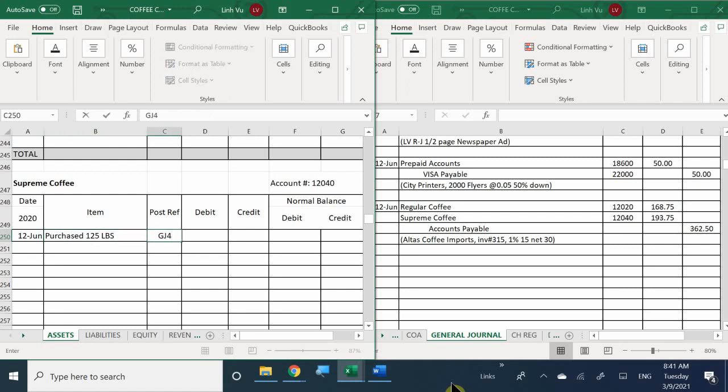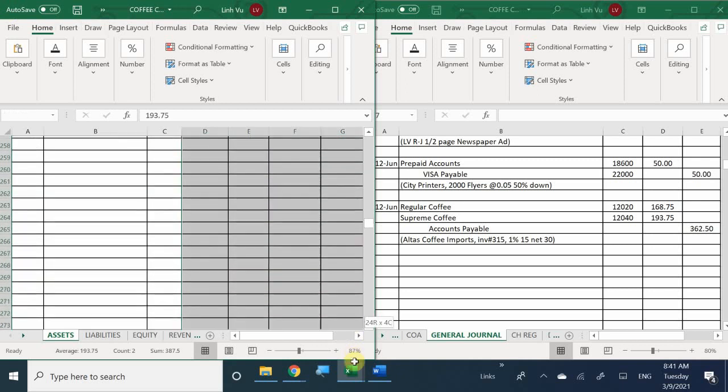General journal number 4. And this time I'm debiting it for 193.75. And therefore, my beginning balance is going to be 193.75. Okay, I'm going to format this real quick.